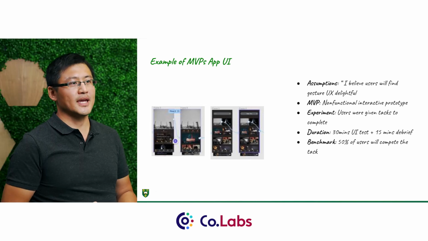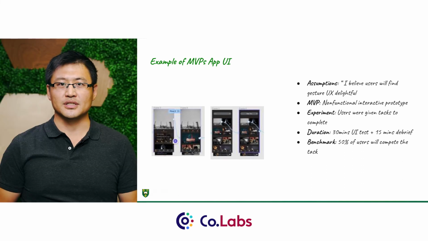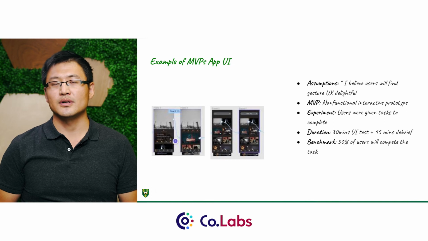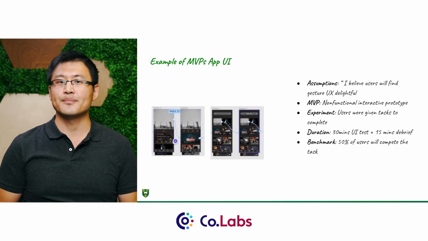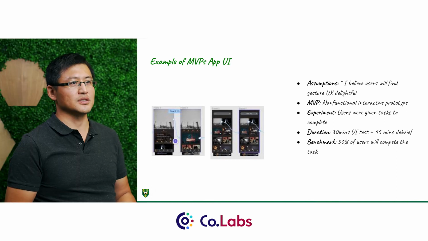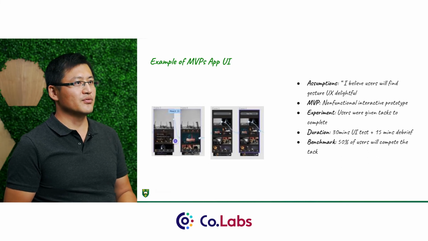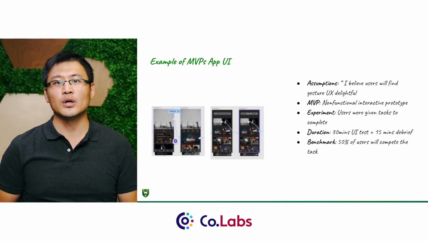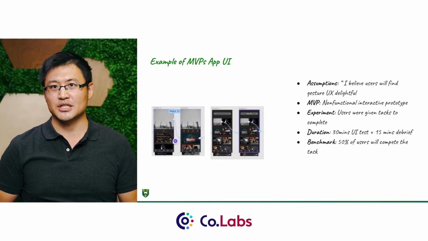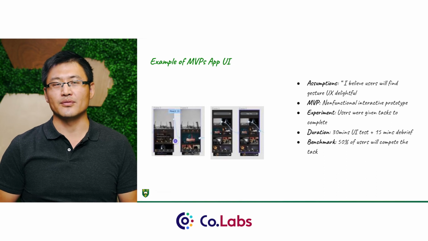If more users can accomplish this, it means they find the user interface design intuitive and it's a good design, so you can go forward. If only 20% of users can complete the task, it means a lot of them find it difficult to understand, and you might have to adjust your design. Very straightforward, and you can get meaningful and actionable data from this experiment.